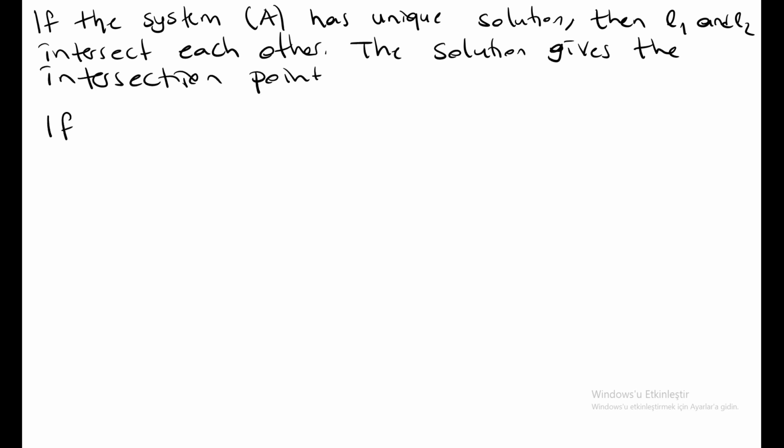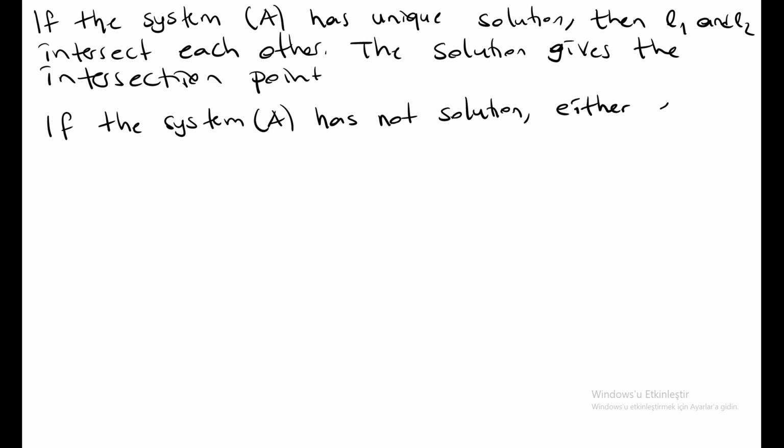Okay, if the system A has no solution, then either L1 and L2 are parallel or L1 and L2 are skew.